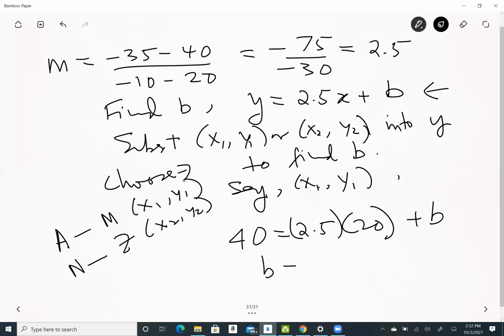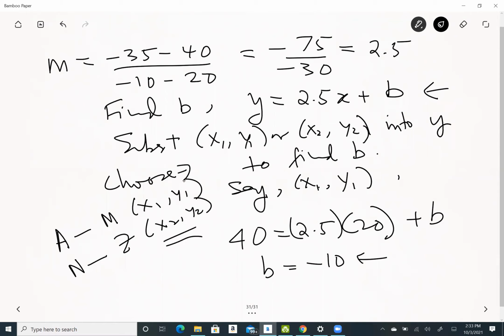So b is equal to 40 minus 2.5 times 20. 2.5 times 20 is 50. So b is negative 10. So if you use x1, y1, you've got b equal to negative 10. And then if you use x2, y2, you should also get negative 10.